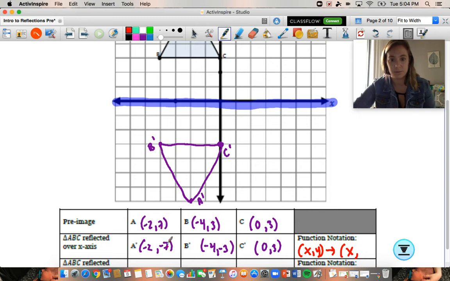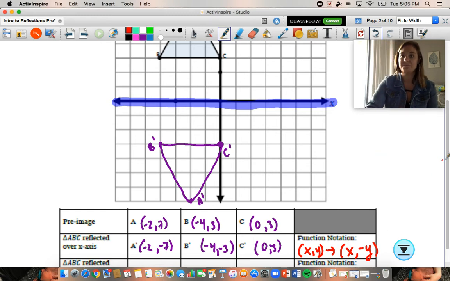We subtracted 14. Oh, no, wait, that didn't happen here, or here. I messed up. This is a -3. What happened to all of them? They all became the opposite sign: (x, -y). Keep in mind that negative just means opposite. So x stays the same and y becomes opposite. When I reflect across the x-axis, x stays the same and y becomes the opposite.